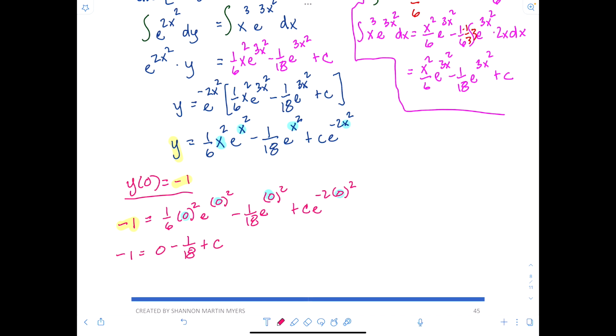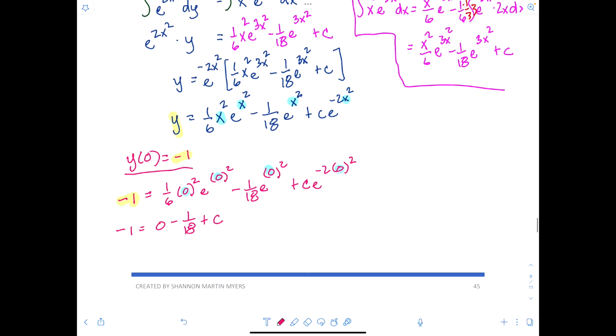So that means when I add 1/18 to -18/18, I'll have negative 17/18 is equal to c.